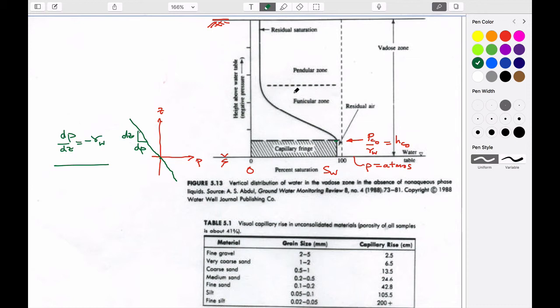If we look at these behaviors, we can define the behaviors in terms of things that we've referred to before. This is the saturation of the non-wetting fluid, which in this particular case is air.